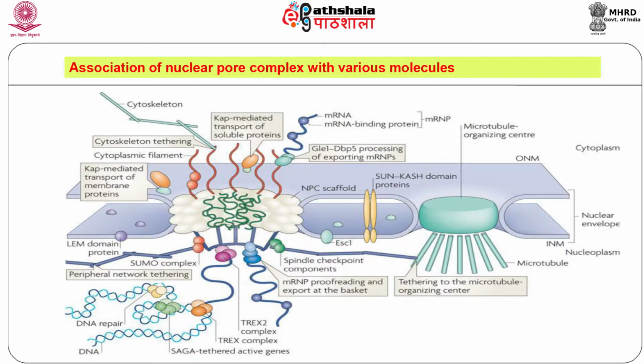This figure shows association of nuclear pore complex with various molecules. The pore complex associates with many molecules through cytoplasmic and nuclear filaments. This association allows the pore complex to get involved in many different functions in addition to protein transport.